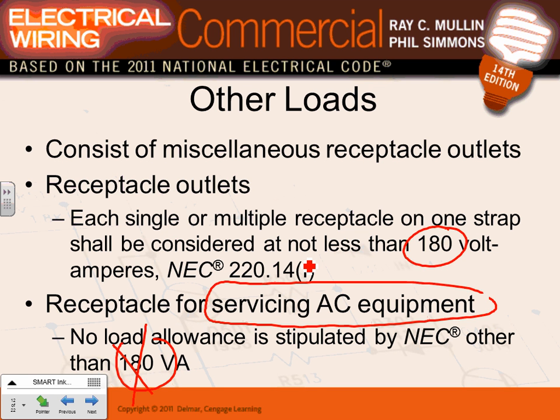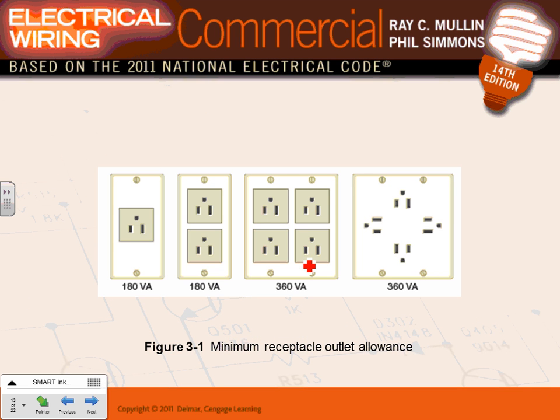You're going to see how this author is dealing with it. I think it's giving it 1500 volt-amps. That's judgment, 1500 volt-amps. I typically use, guys, 180 volt-amps and apply the rule for it. So here are the receptacles. Everybody, I like this because it's graphic. Here's your 180, 180.